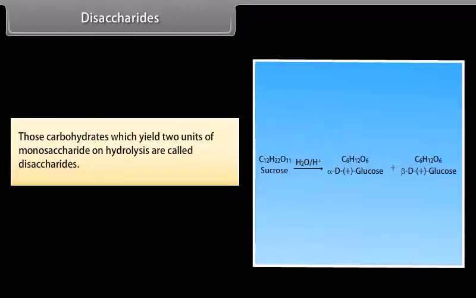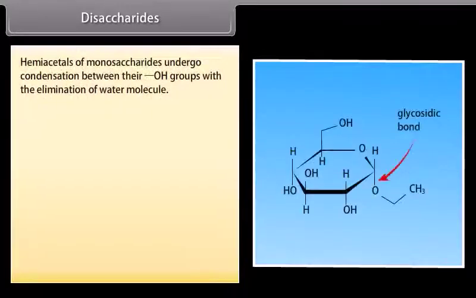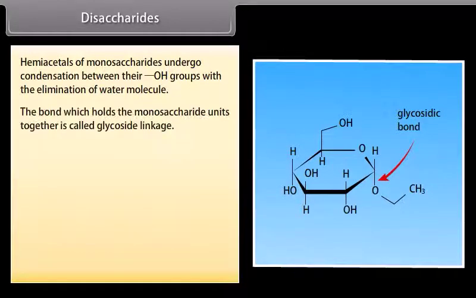This means that disaccharides are formed by condensation reaction between 2 monosaccharide units. Hemiacetals of monosaccharides undergo condensation between their OH groups with the elimination of a water molecule. The bond which holds the monosaccharide units together is called glycosidic linkage.